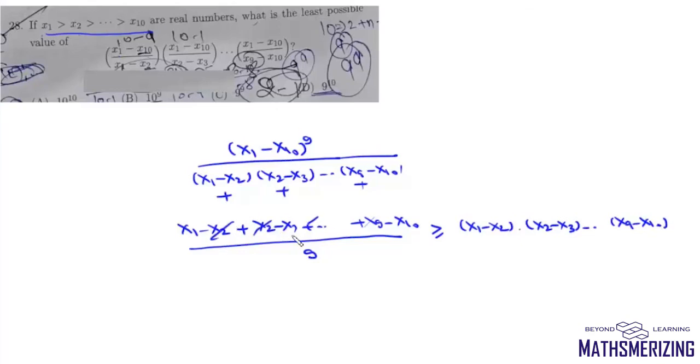Now here all these numbers they'll cancel, so we'll get (x1 minus x10) upon 9, and this is whole to the power 1 by 9.